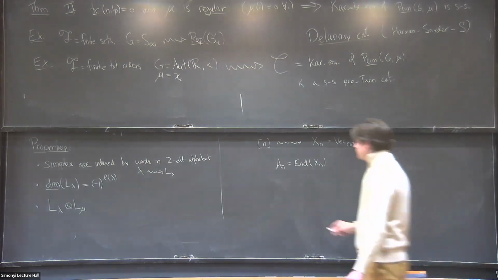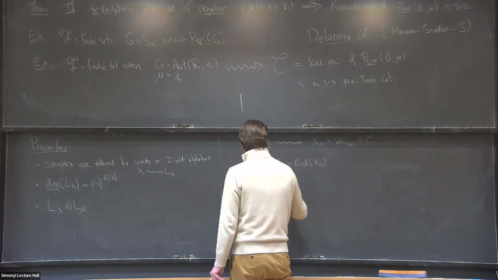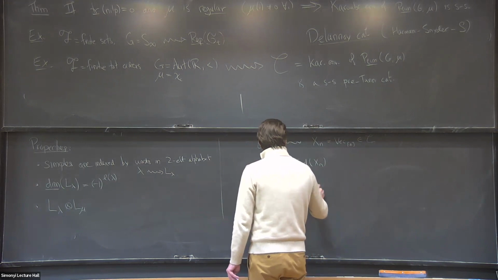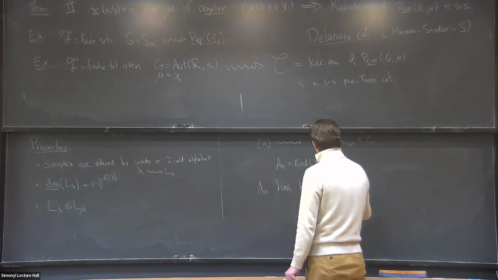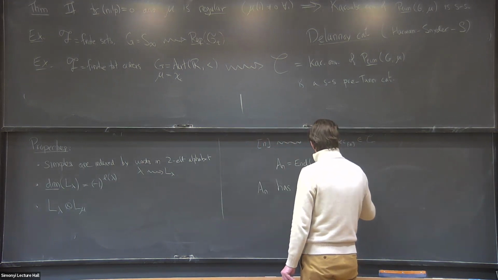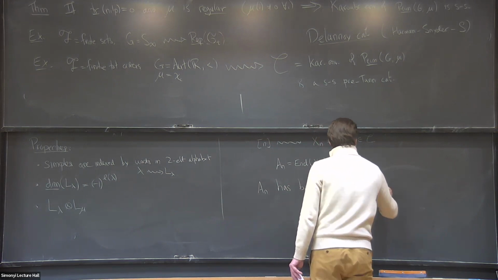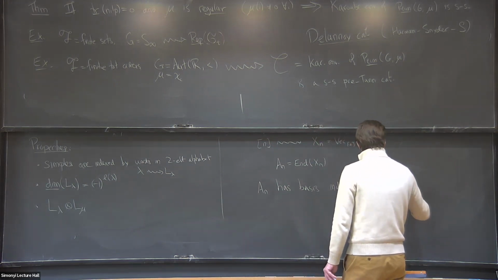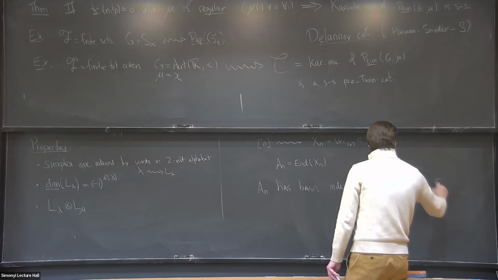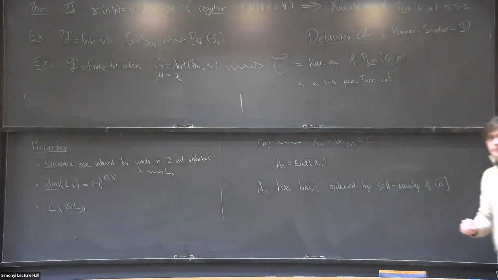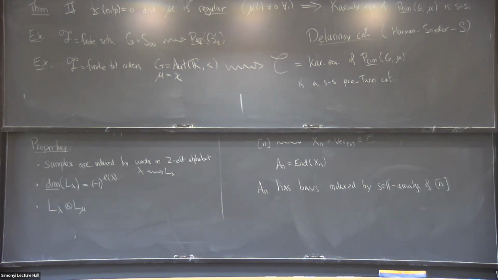So AN has a basis indexed by the self-amalgamations of this set. Okay, so you take a totally ordered set with n elements and another copy of it, and then you amalgamate. So you're kind of shuffling the sets together, but collisions are also allowed.